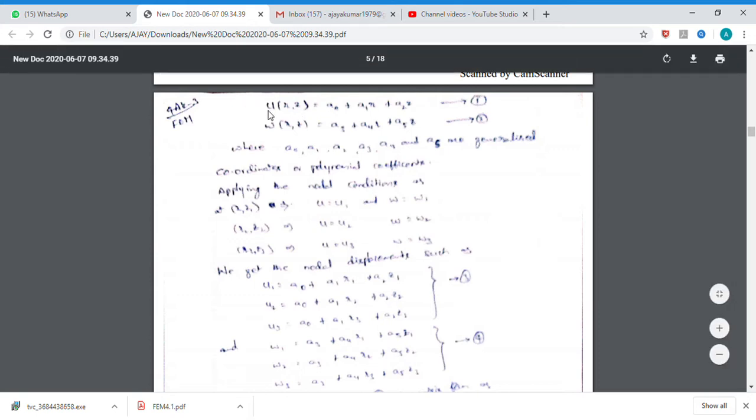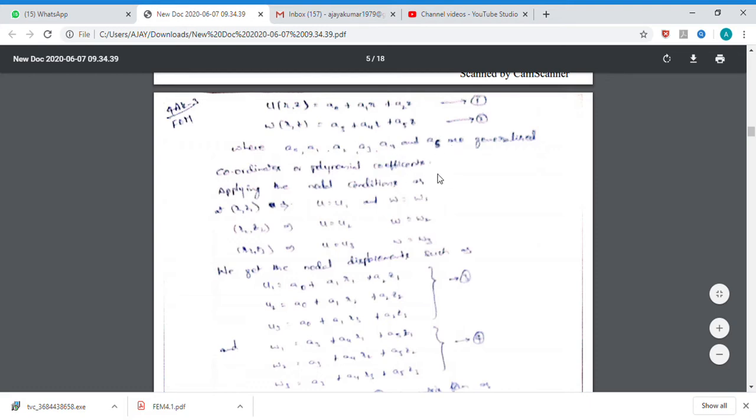Suppose the deformation in the radial direction u of r comma z is equal to, we can write a polynomial equation as a0 plus a1 r plus a2 z, radial direction and axial direction. Next, in the same manner, w of r comma z is equal to a3 plus a4 r plus a5 z. This a0 to a5 are the polynomial coefficients.